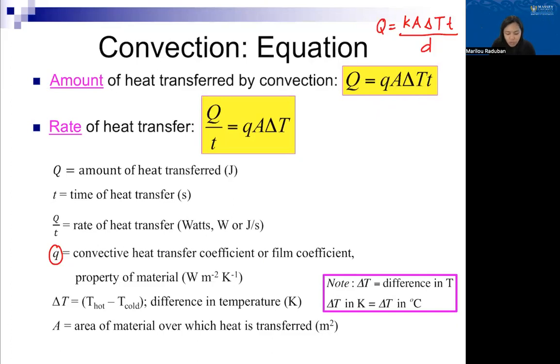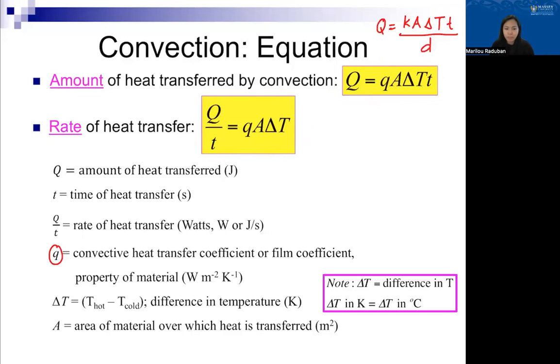We can also talk about the rate of heat transfer in a similar way, as the amount of heat transferred over a particular time t. So you have Q over t, Q divided by t, for the rate. And that means the time t disappears from the right-hand side of the equation. So amount of heat for the first equation, rate of heat transfer for the second equation.